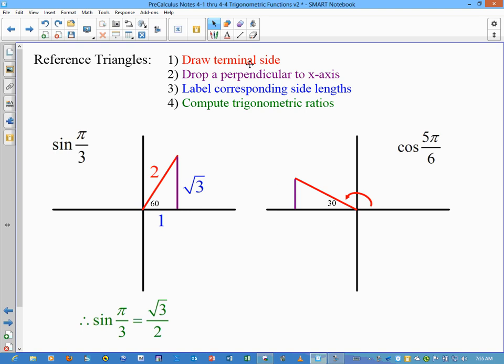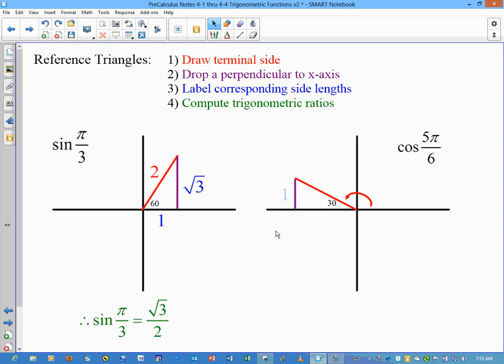And that's what's so great about reference triangles: we can simplify the calculations. So yes, the full angle is this one here, but we're going to use the reference triangle to come up with the values. Since this is a 30 degree angle, we have a 30, 60, 90.